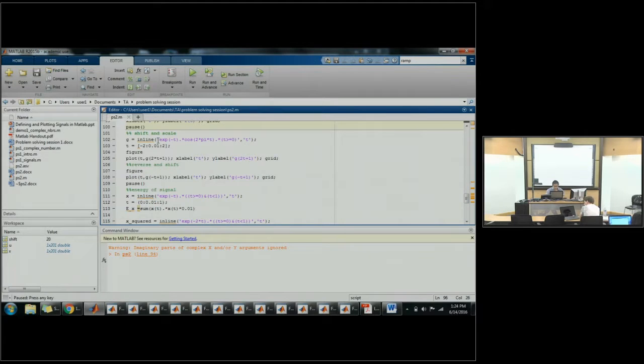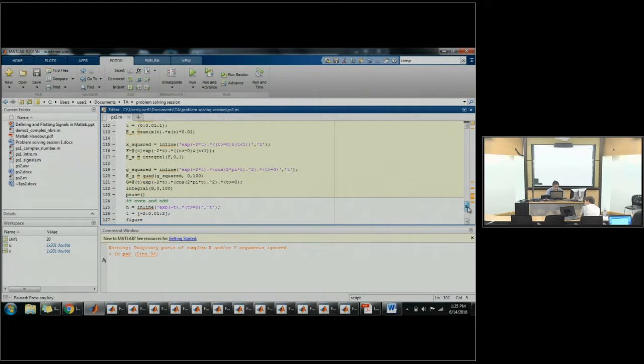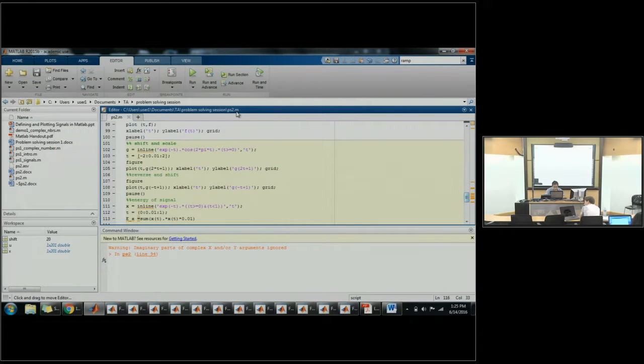a nice way to define functions in MATLAB is either using the inline command, or you can define them using this format, the variable name and then the function's expression. Okay, so let's go into this in detail. The function that I'm trying to define is e raised to the power minus t times cos 2 pi t.